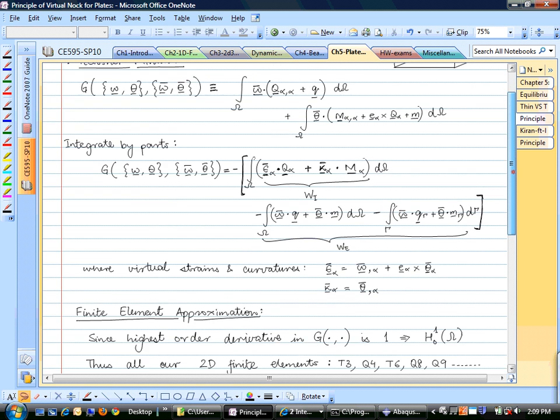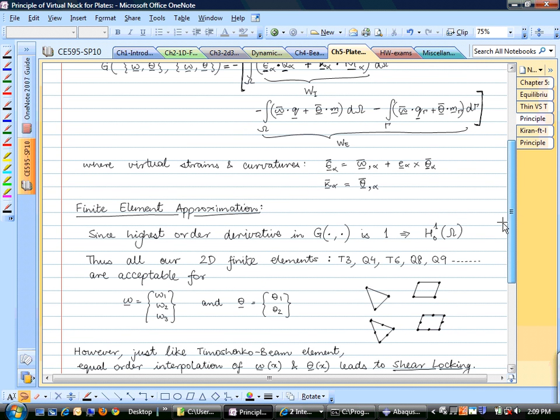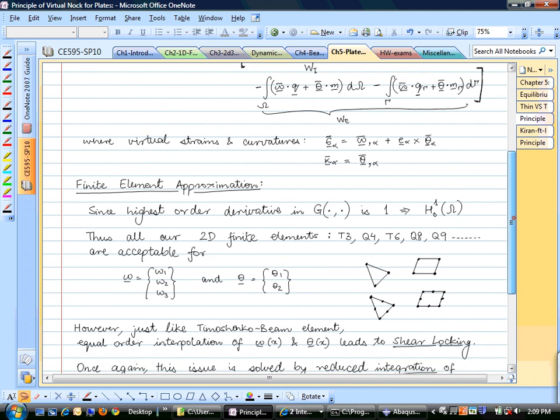But you have to keep in mind that at each node, you will have these 3 displacement degrees of freedom and 2 rotational degrees of freedom. So each node will have 5 degrees of freedom for a plate element.